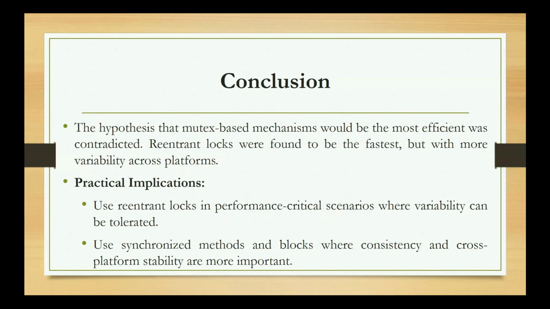And for applications that prioritize stability and consistency across different operating systems, they should use synchronized methods, synchronized blocks, and semaphores. This is especially important, for instance, in enterprise level applications where uniformity and reliability are critical.